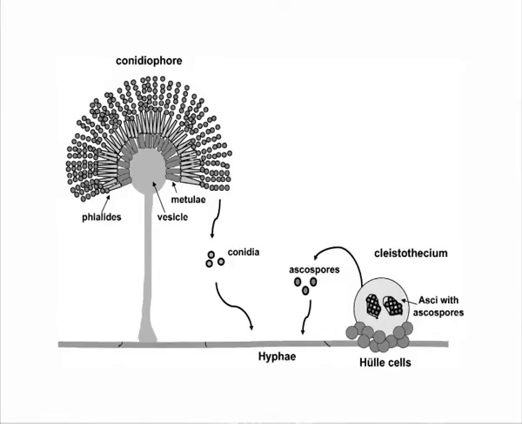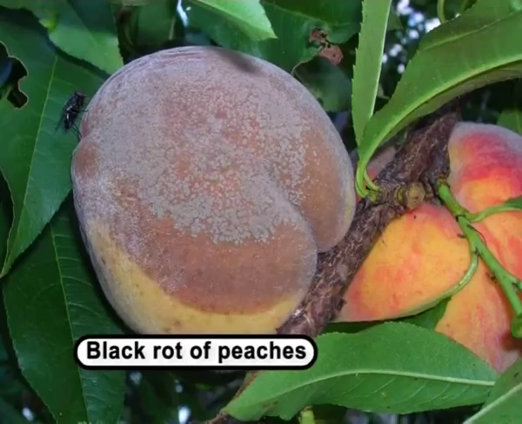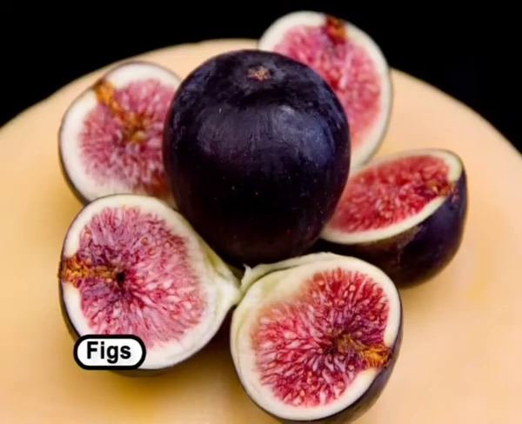Aspergillus. Chains of conidia are produced, and cleistothecia with ascospores are developed, the perfect stage of those found in foods. The aspergilli appear yellow to green to black on a large number of foods. Black rot of peaches, citrus fruits and figs is one of the fruit spoilage conditions produced.